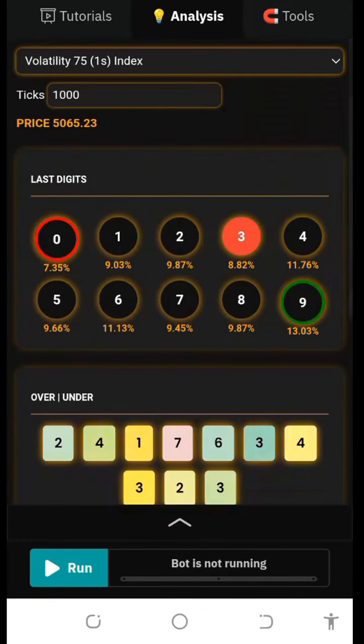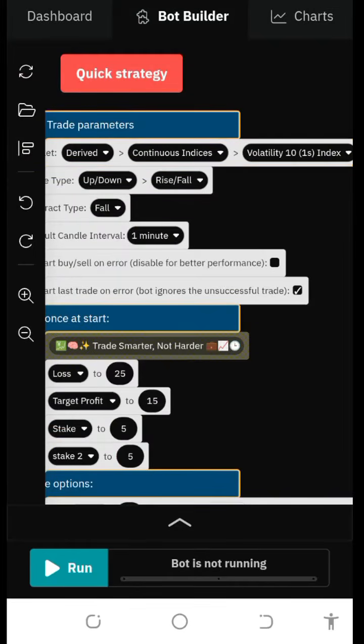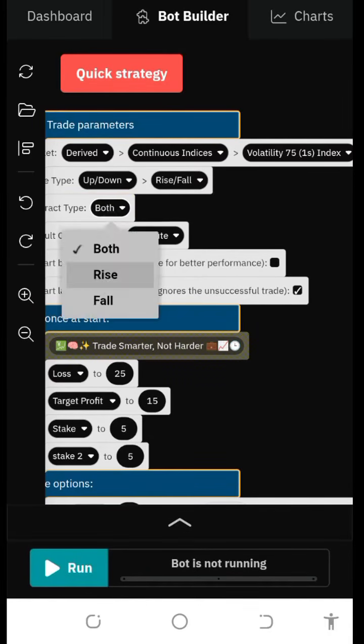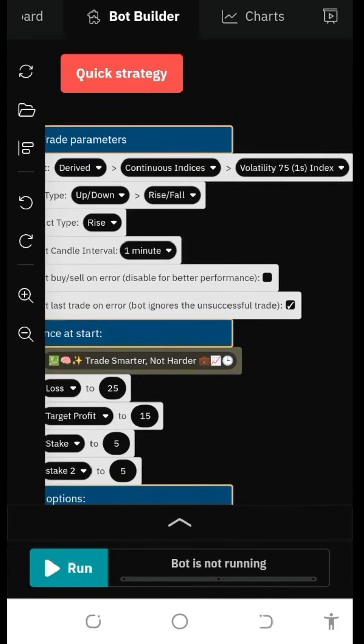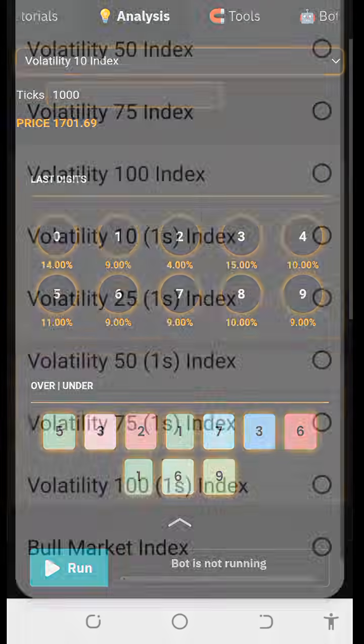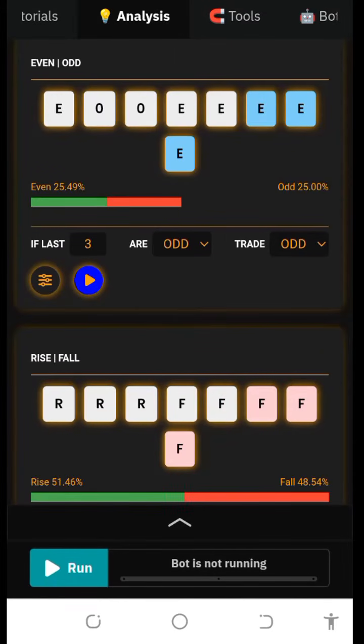Here we've seen 58%, volatility 75 1s, and the trade contract type is rise, so we have everything ready there. Then go back to the analysis tool, select the volatility, and see whether everything is intact.